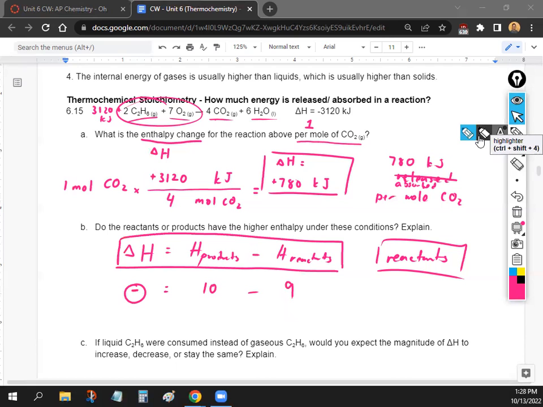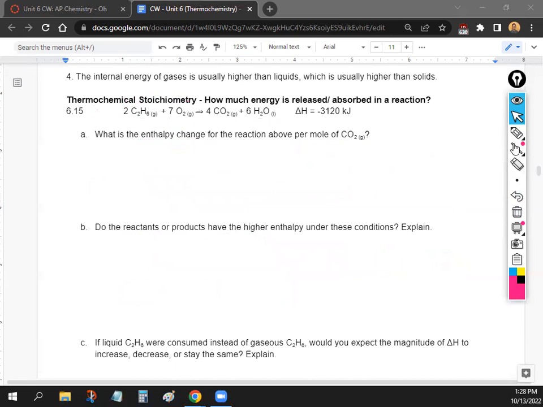Okay, guys. So last one. I'm gonna erase all this so it's easier to see. So if you guys notice, we used gaseous C2H6 right here, right? C is asking if we used a liquid instead of gaseous C2H6. Do you think that delta H is going to be bigger, smaller, or stay the same?